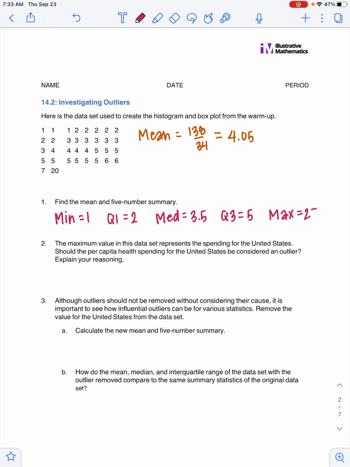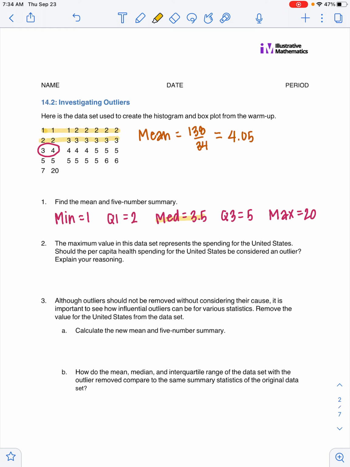If you're stuck on where I got these numbers, the median, Q1, and Q3, remember that all we need to do to find the median is list the numbers from least to greatest and find the middle number. In this case, the middle numbers are 3 and 4, and 3.5 is halfway between 3 and 4. Q1 is the median of the lower half of my data set.